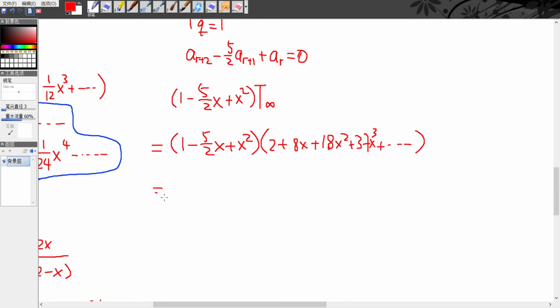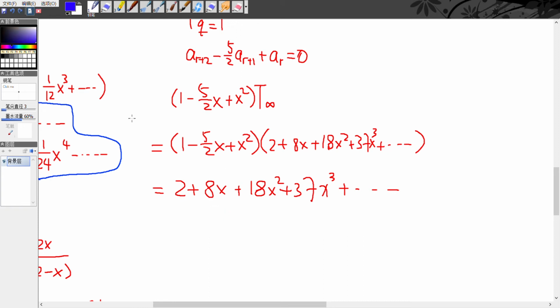So this equals 2 plus 8x plus 18x squared plus 37x to the 3 plus, and here we have negative 5x.